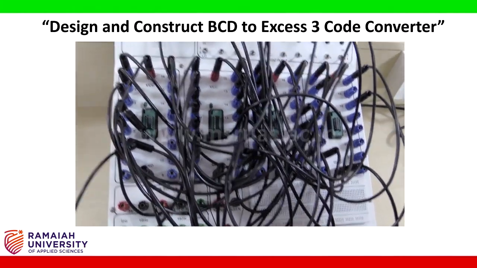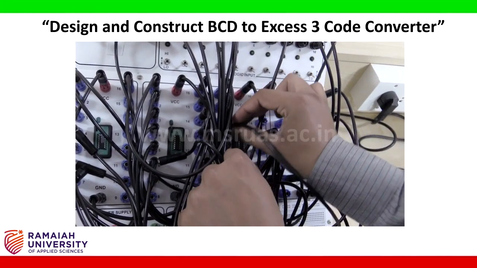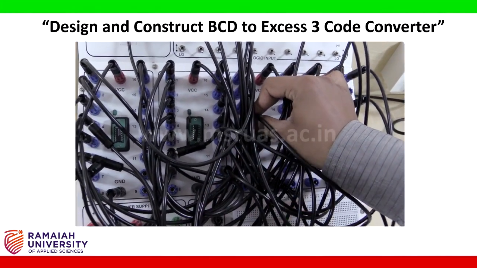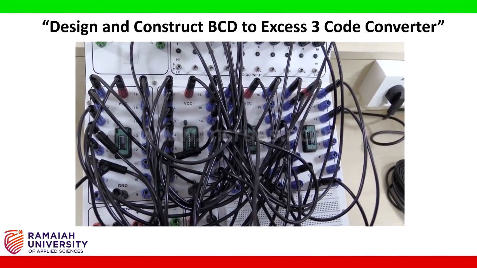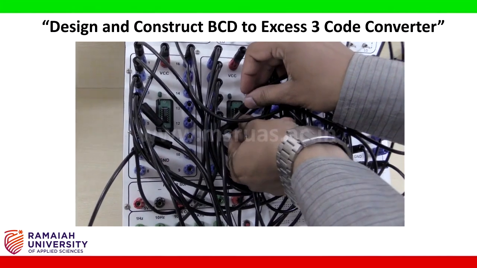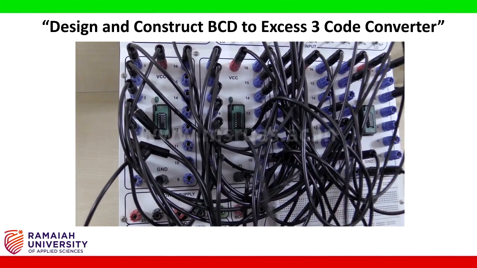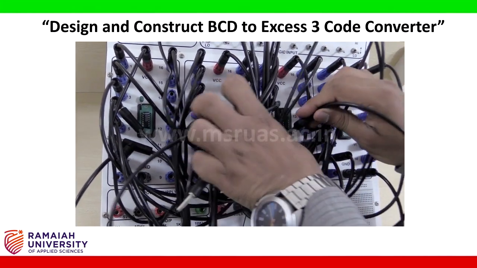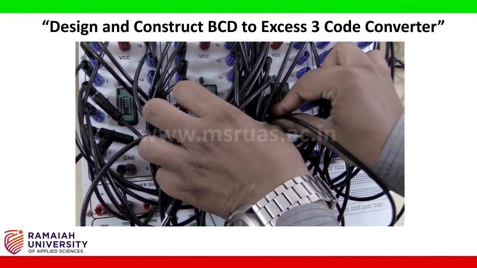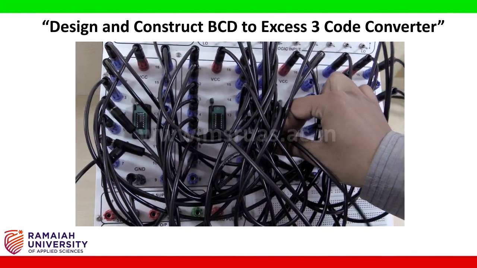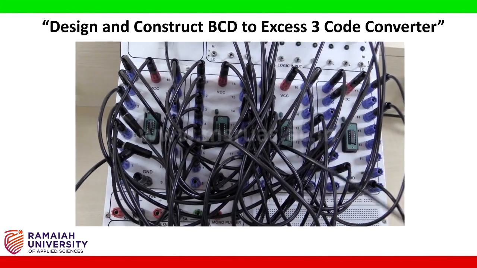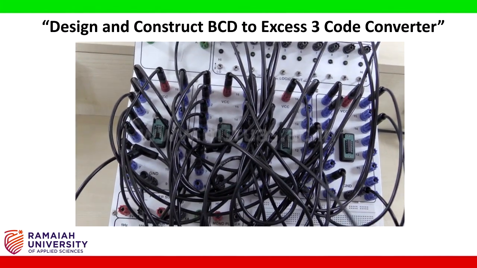Next, pin number 4 of the AND gate is connected to pin number 6 of the OR gate again. Pin number 5 of the AND gate is connected to pin number 2 of the NOT gate.